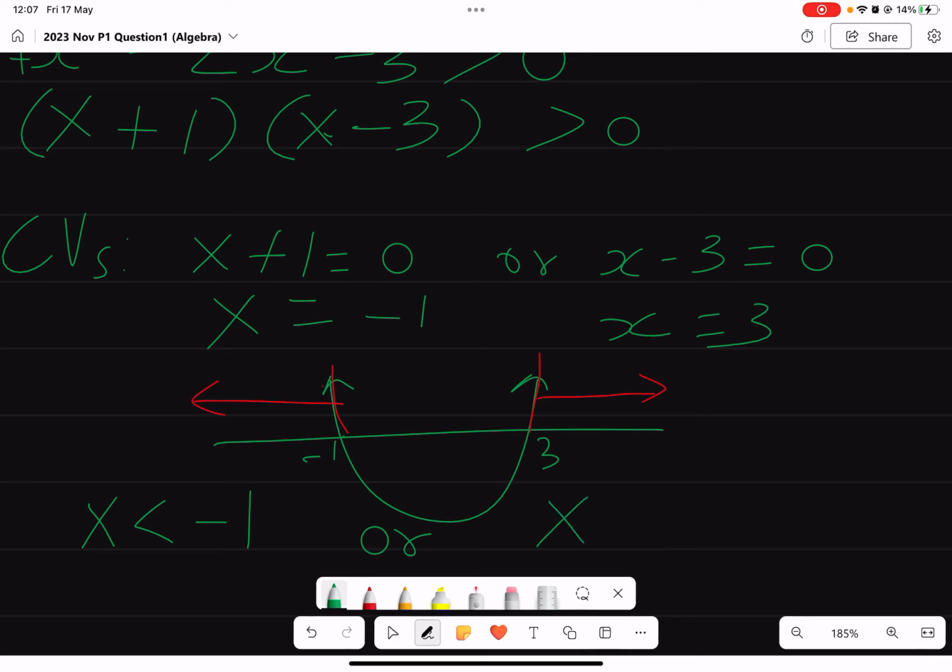As I'm going to the right, the x values are getting bigger than 3. And that is it with your inequalities, ladies and gentlemen. Let's move on.